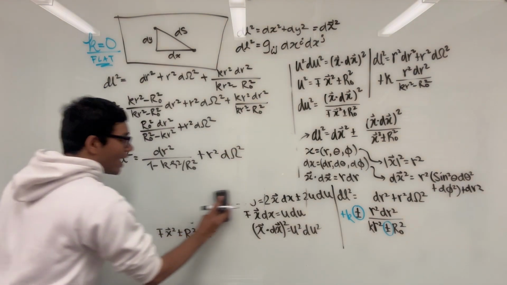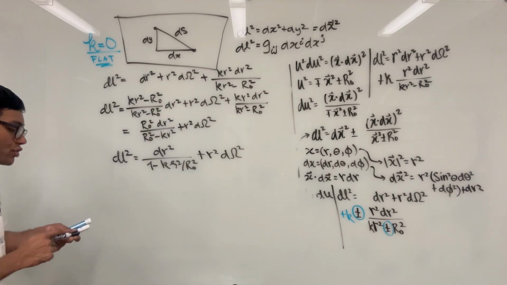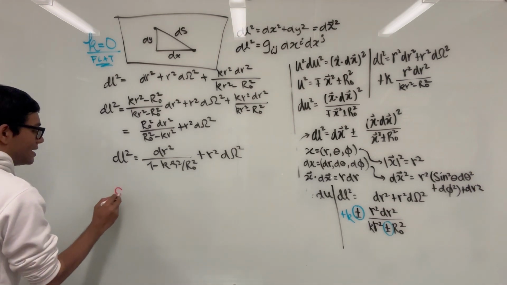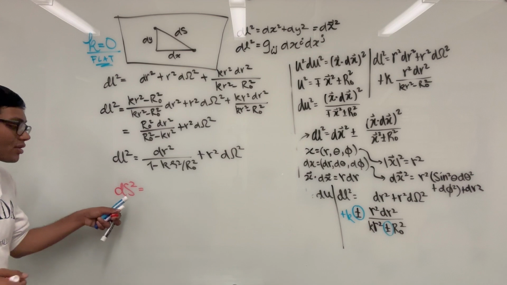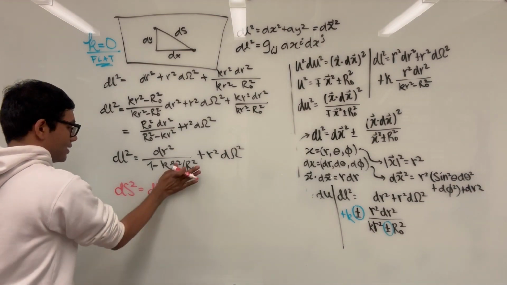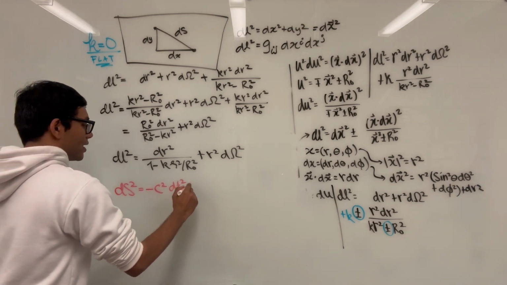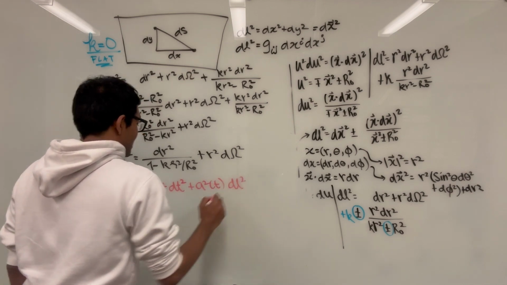And so now, finally, to wrap it all up, my final metric for the whole universe is going to be ds squared, which is a space-time step not only in space but also in time, which is equal to minus c squared dt squared plus some scale factor a squared of t times dl squared.